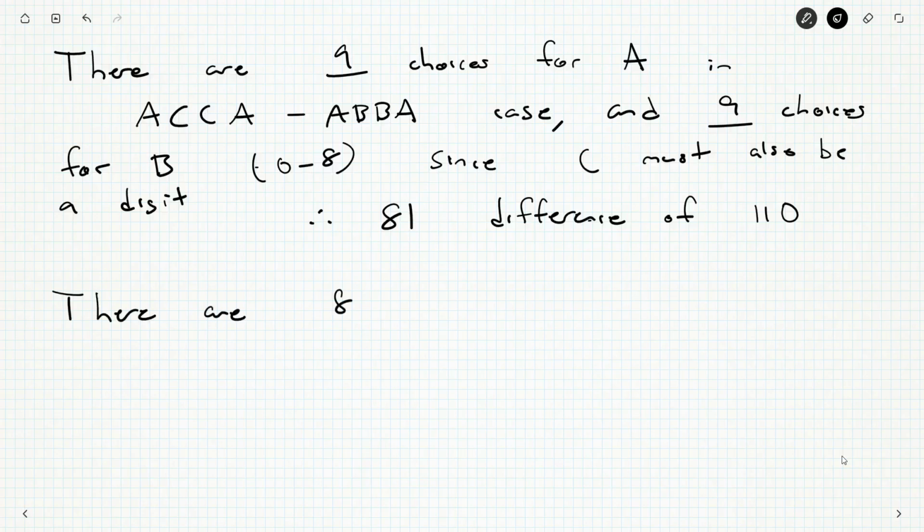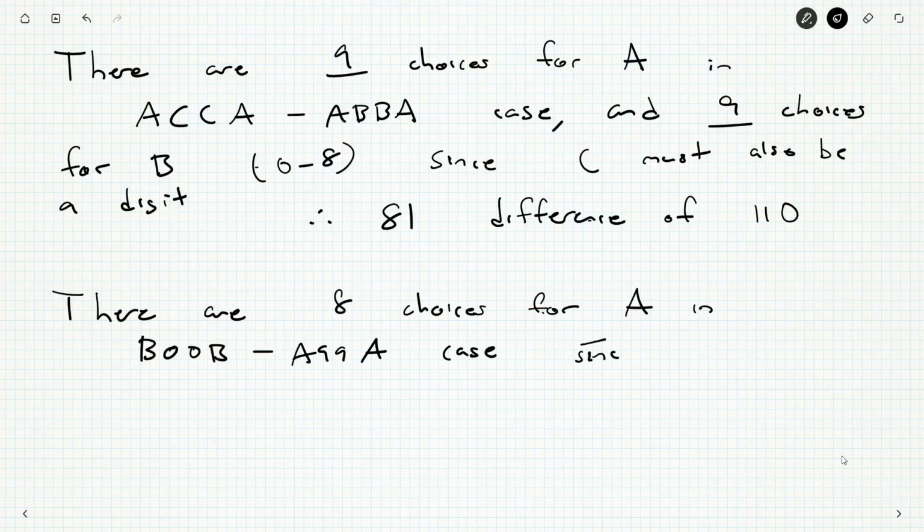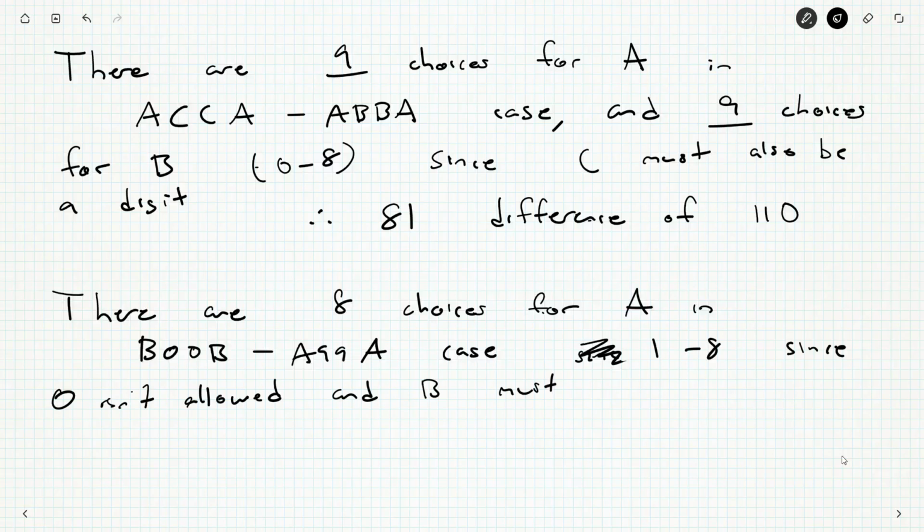There are 8 choices for A in the B00B minus A99A case, specifically 1 through 8, since 0 isn't allowed, and B must also be a digit.